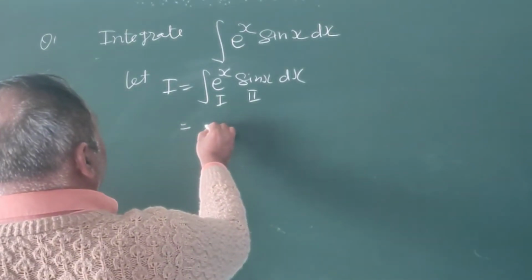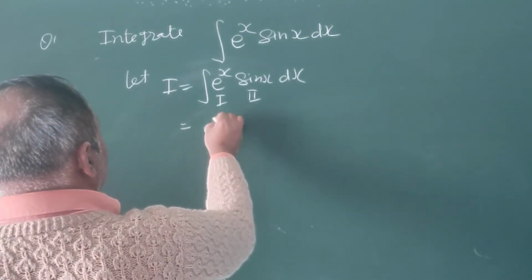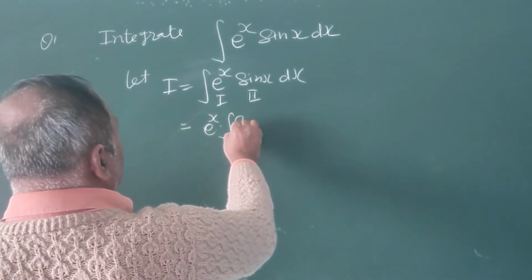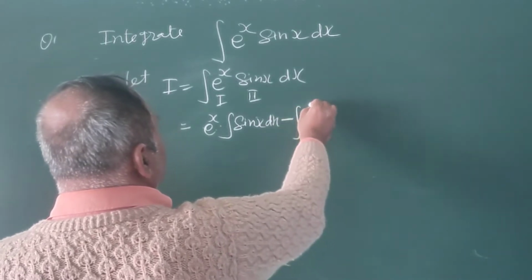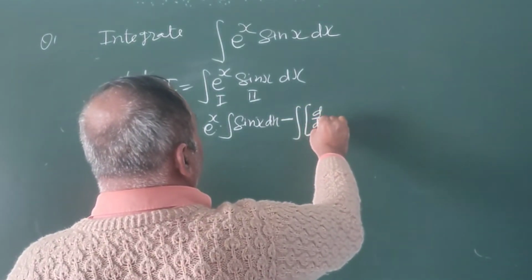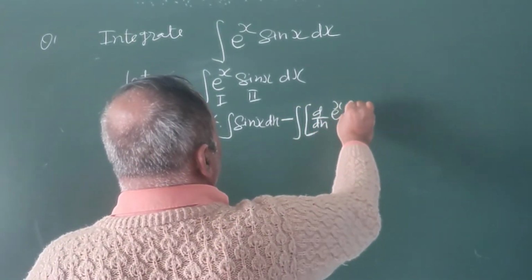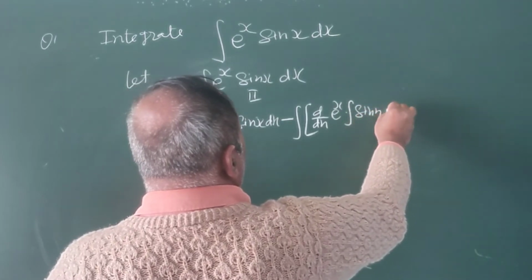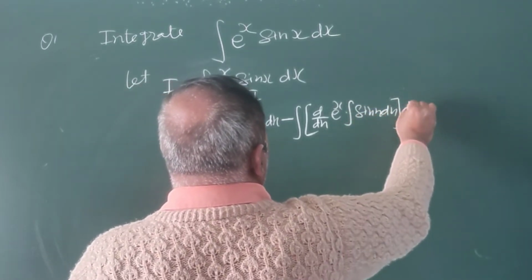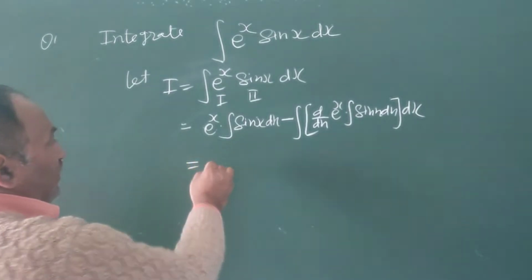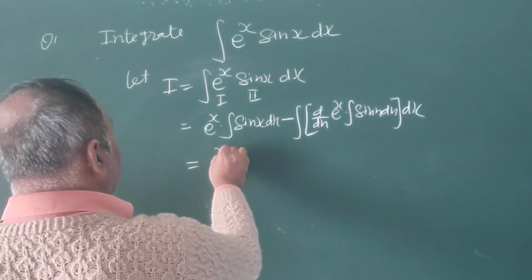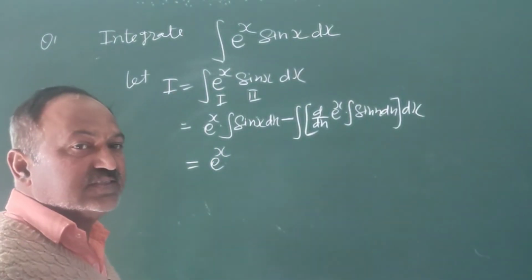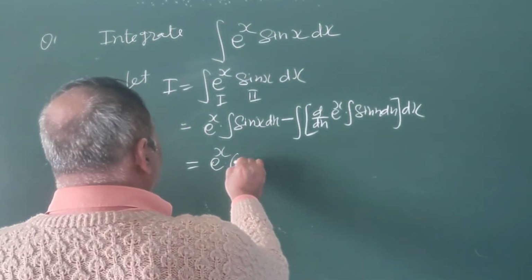We get, by integration by parts, e raised to power x as it is, integration of sin x dx, minus integration of derivative of first into integration of sin x dx, whole integration. Now it becomes e raised to power x, and integration of sin x is minus cos x.